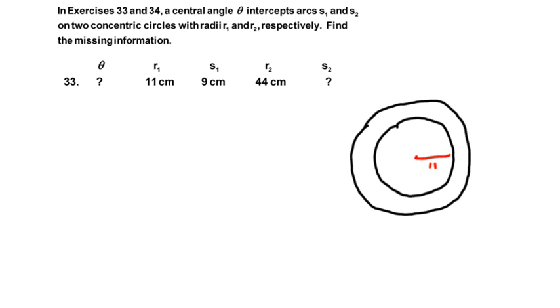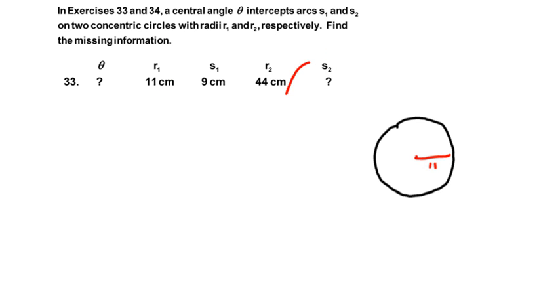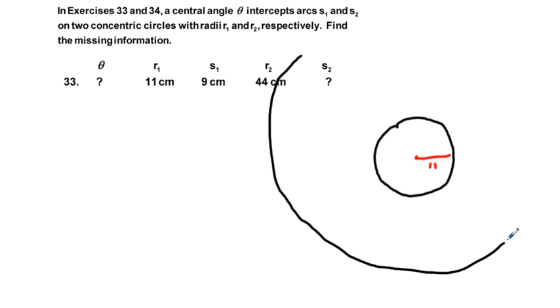To get a better sense of proportionality, I'm going to make this outside circle much larger. 44 is 4 times as big as 11. I know I can't draw something exactly 4 times bigger, but I'm making it at least twice as big.